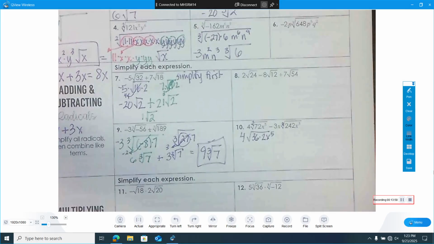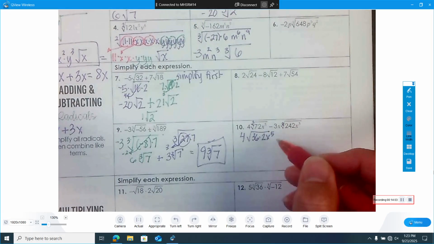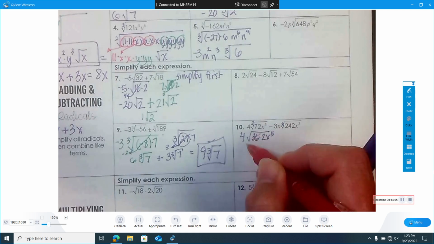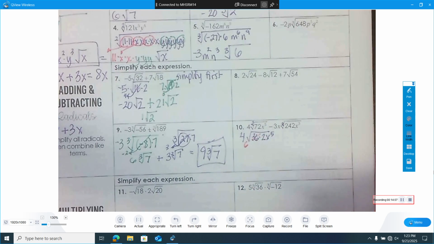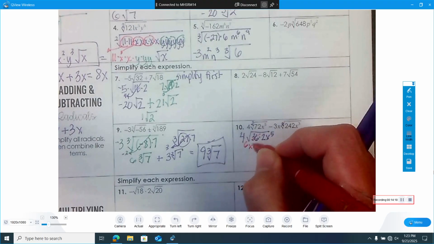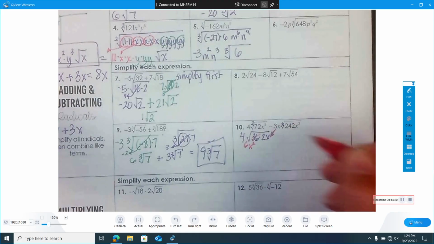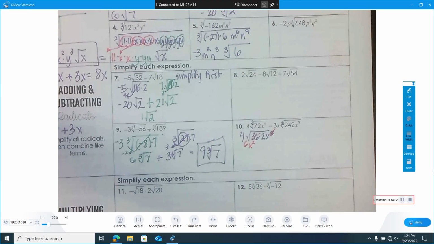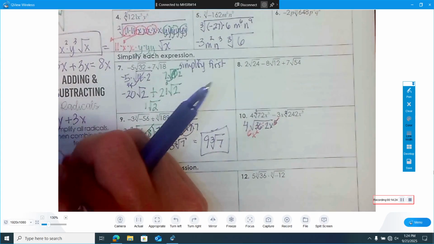All right, what are my escapees here? A 6 escapes. The square root of 36 is 6. What else escapes? How many x's do we get to escape? 2 of them. X squared comes out. Why does x squared come out? Because if you write x 5 times, you have 2 pairs.